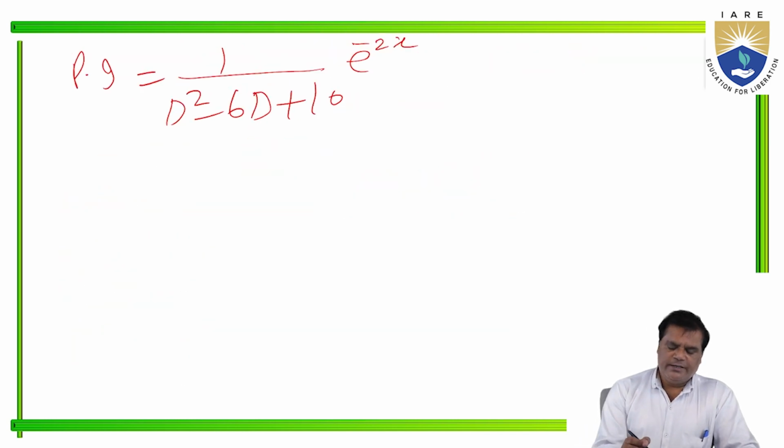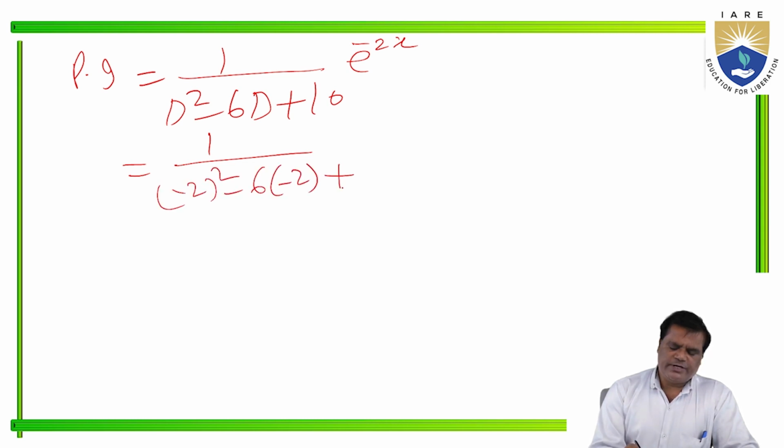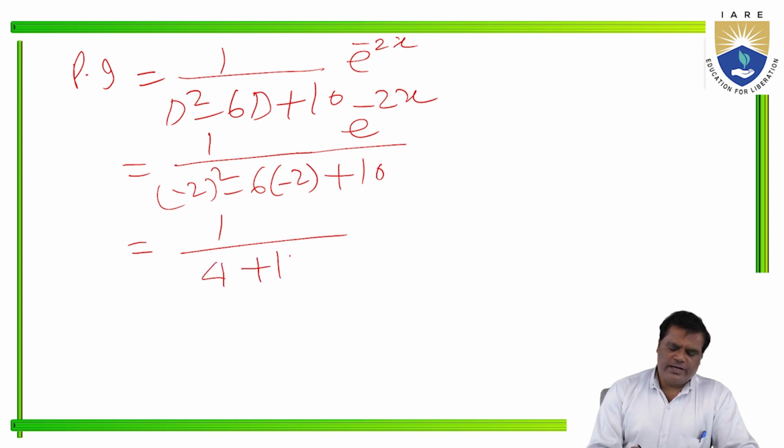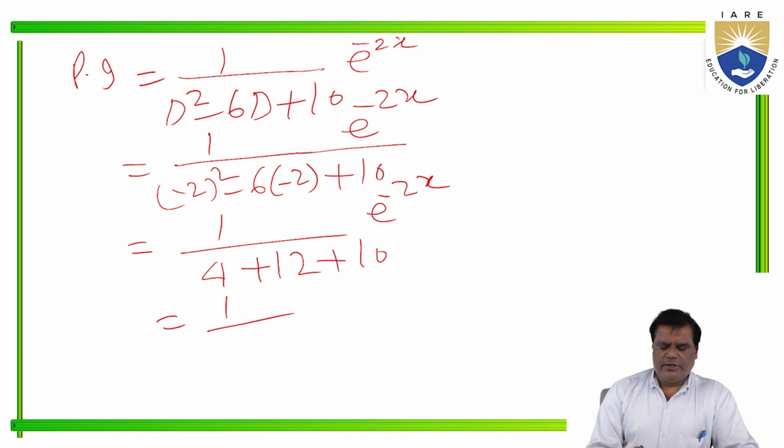So I am writing PI is 1 upon minus 2 square minus 6 into minus 2 plus 10, and e to the power minus 2x. So this equals 4 plus 12 plus 10, e to the power minus 2x. 4 plus 12 is 16, and 26.